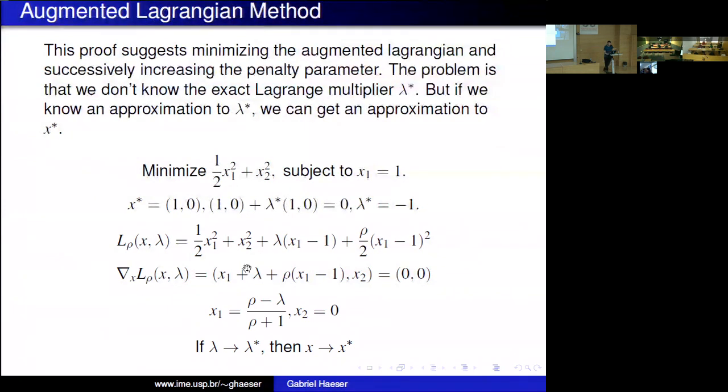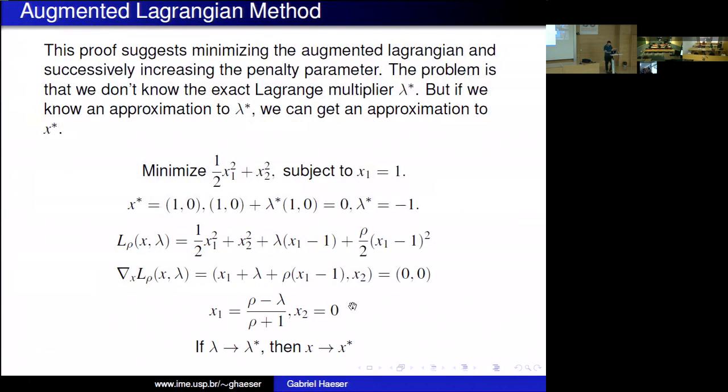For a fixed lambda, let's minimize this augmented Lagrangian, and we can do this by looking at the gradient. The gradient of this function is this one, and I will set it equal to 0 to find a stationary point. It turns out that there is only one stationary point, it's this one. And this is the minimizer of this augmented Lagrangian.